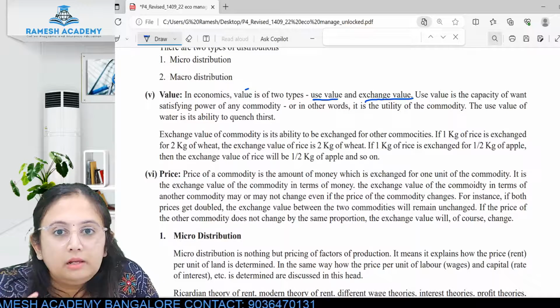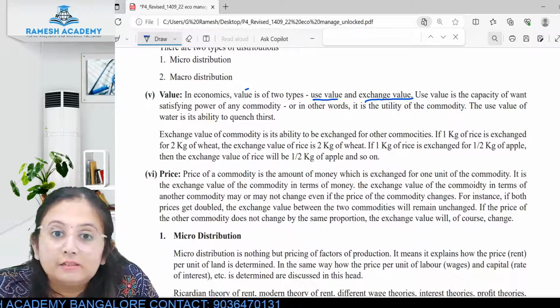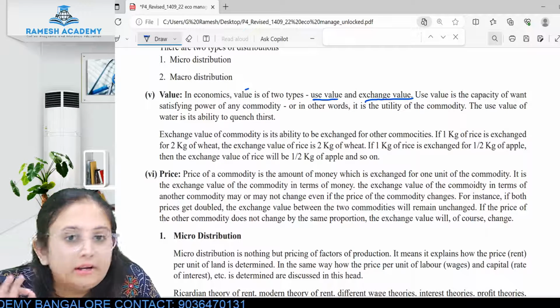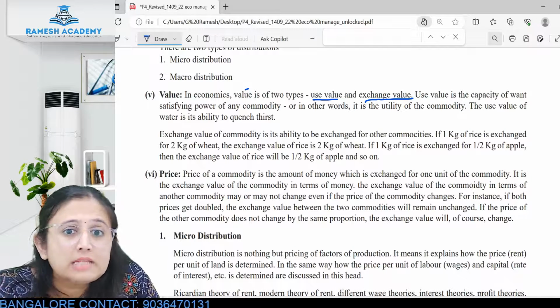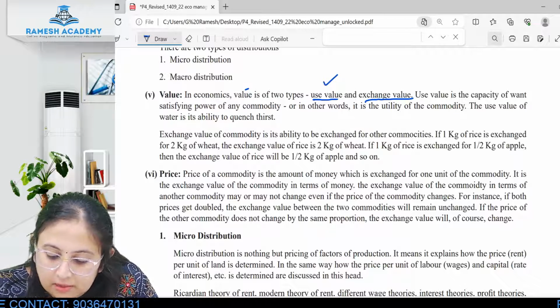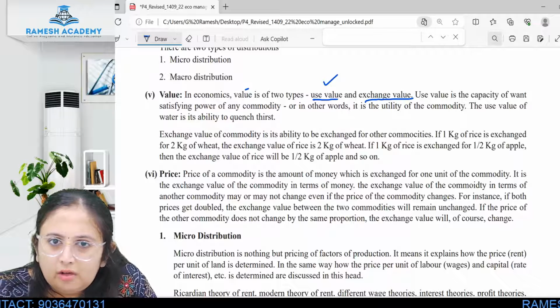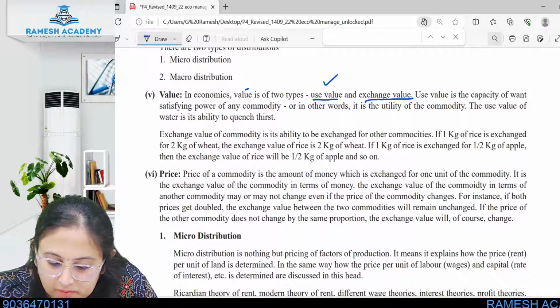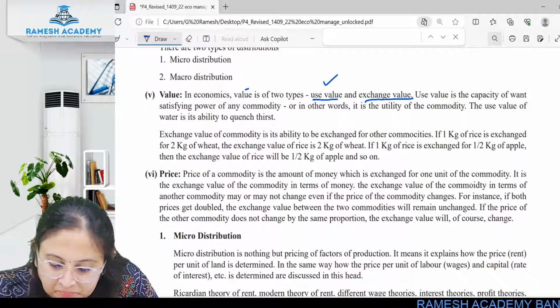Okay, use value is the capacity of want satisfying power of a commodity. Any commodity, what is its want satisfying power? That is its use value. You can call it utility or want satisfying power. Okay, the use value of water is its ability to quench a thirst.